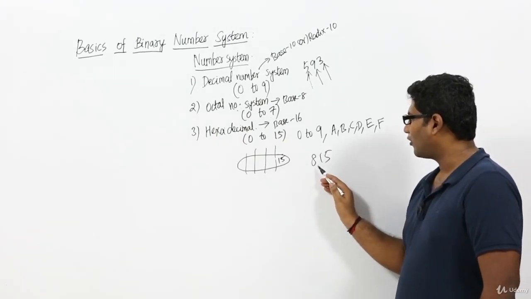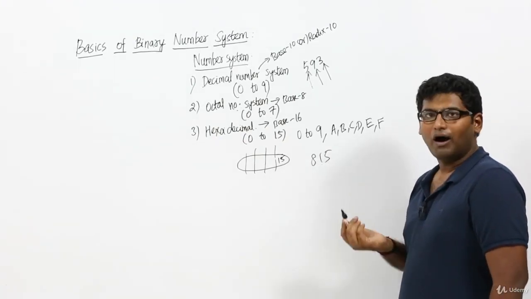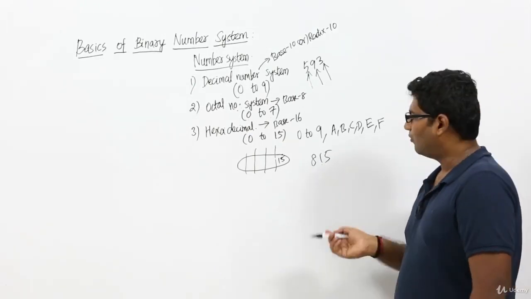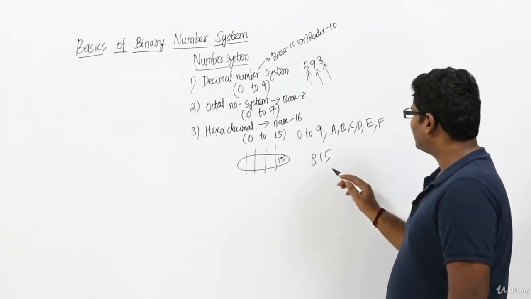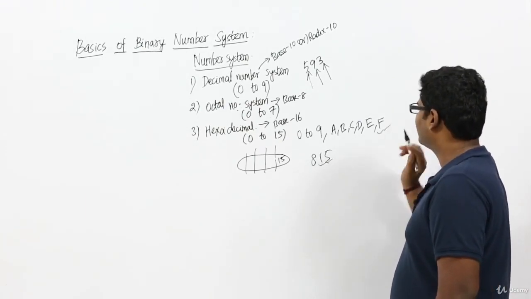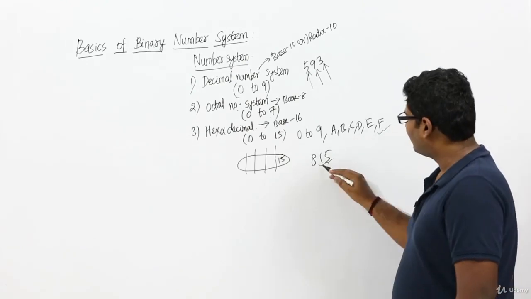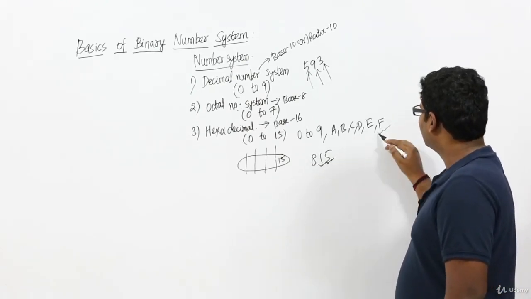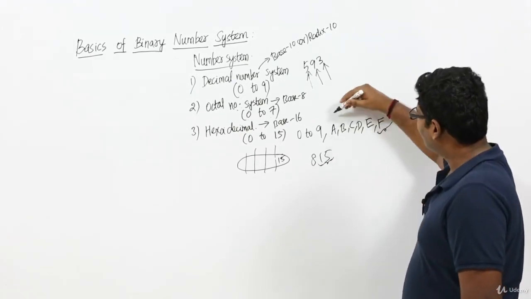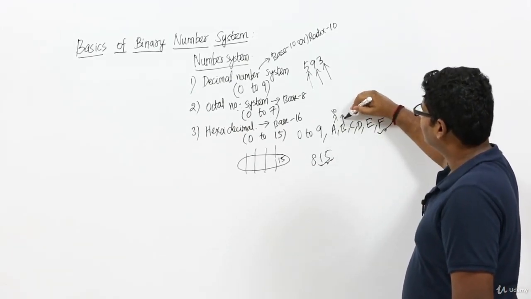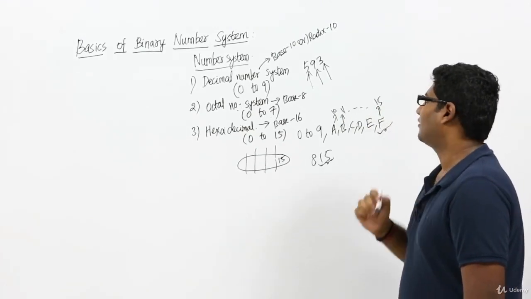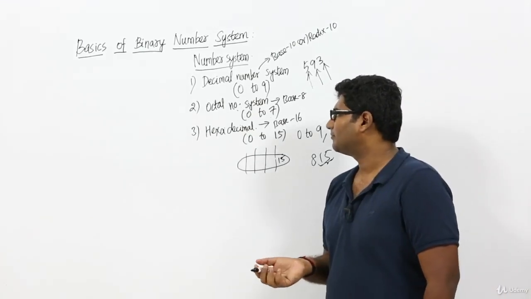Whether it is 8 followed by 1 followed by 5, or 8 followed by 15. There is a confusion, right? So we don't represent 15 using 1 5, rather we represent it using F. Similarly, A represents 10, B represents 11 and so on, F represents 15. This is what we mean by the hexadecimal number system.